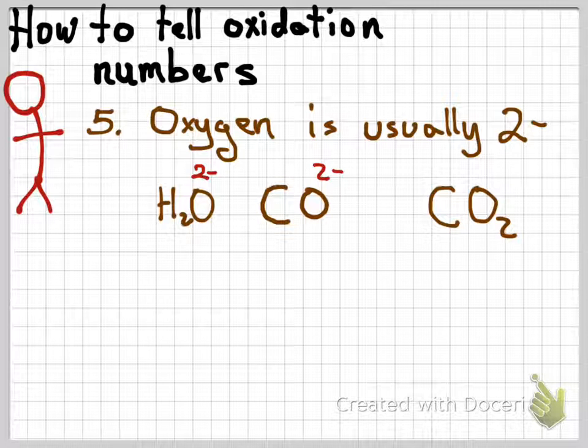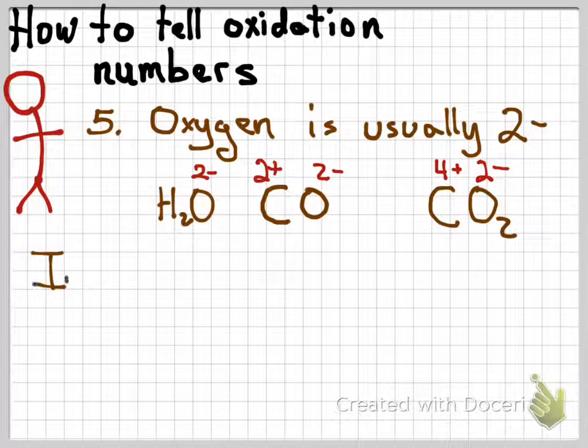So when you have oxygen in a compound, its oxidation number is usually -2. Now that allows you to tell what the charge of the positive oxidation numbers will be, because we know that they have to add to 0.